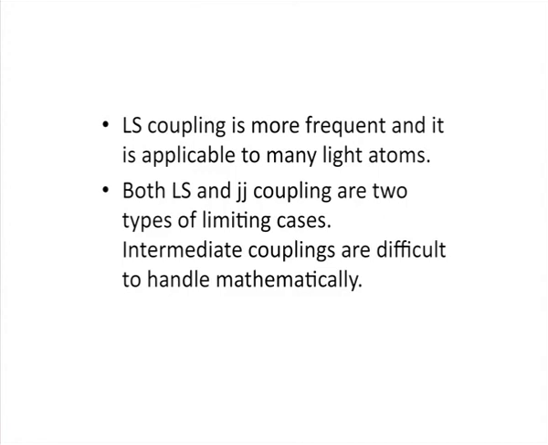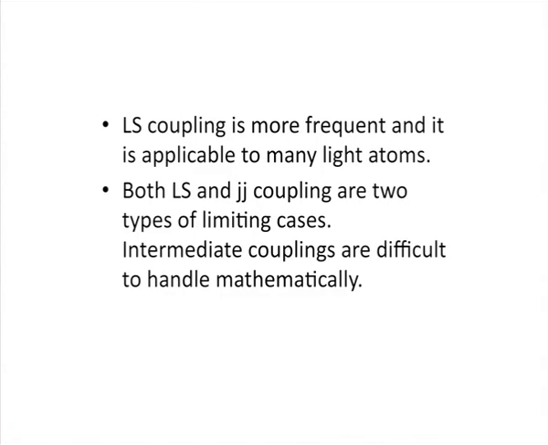Both LS and JJ coupling are two types of limiting cases. Intermediate couplings are difficult to handle mathematically. Basically, what we have done is that there are some extra terms over and above the usual kinetic and potential terms. We have identified those terms. So, these terms are HSO, that is spin orbit interaction, and then the other term was HER, that is the interaction term corresponding to repulsion energy between two electrons.